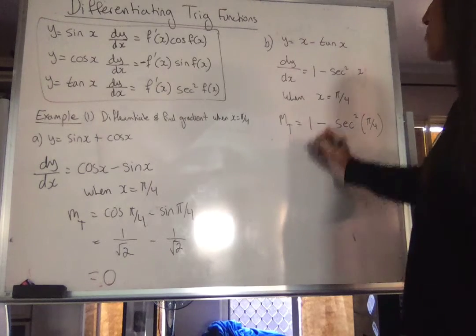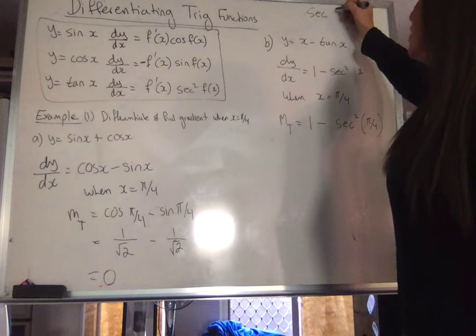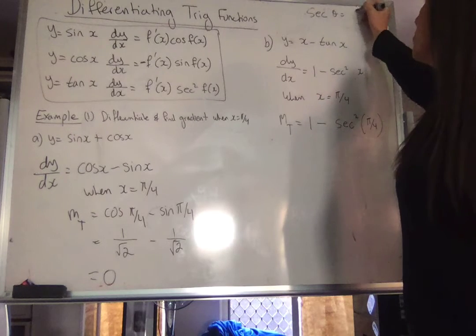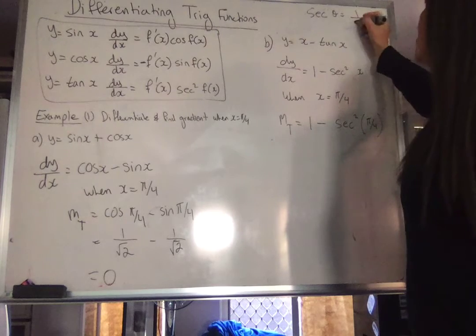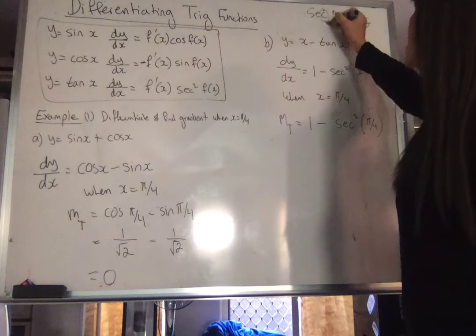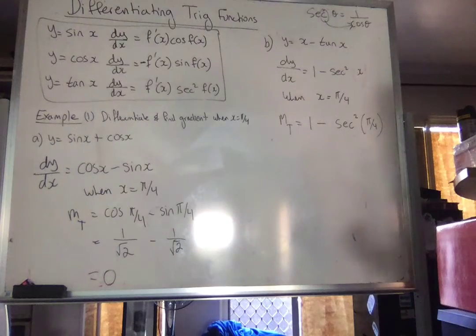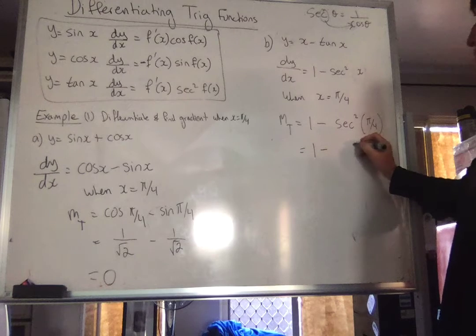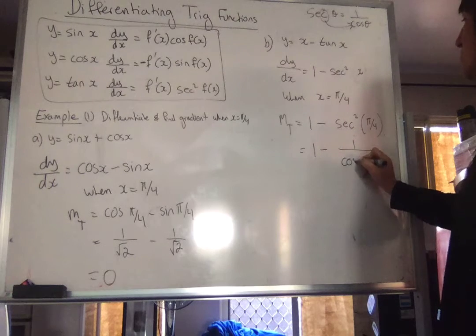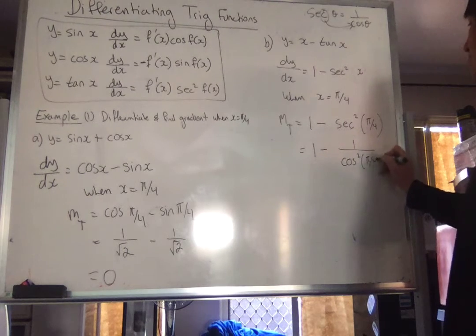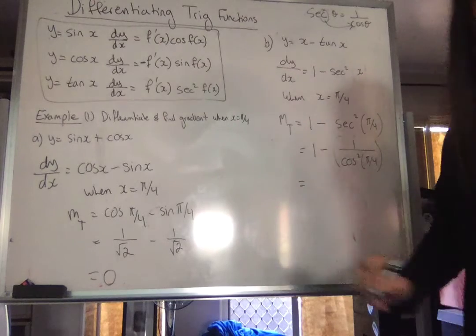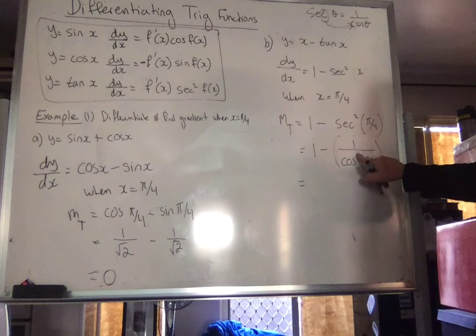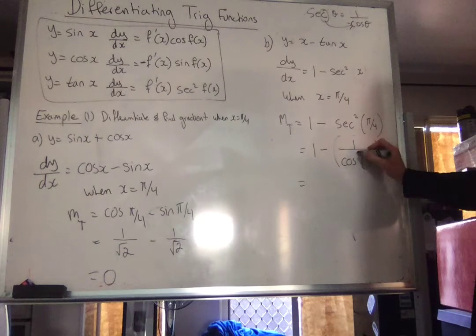All right, now if you remember, sec theta is 1 over cos theta. Remember the third letter tells you, so that's how we know. Okay, so we can change that to 1 minus 1 over cos squared pi on 4. Okay, that's the same as that. Or I can just, yeah, let's leave it like this.